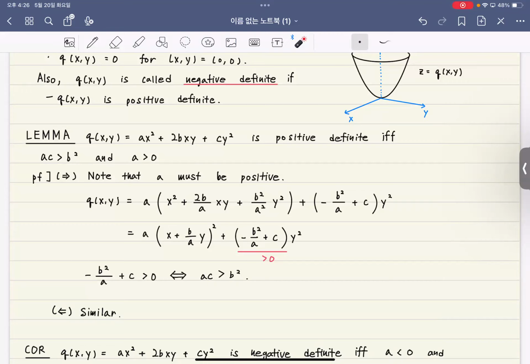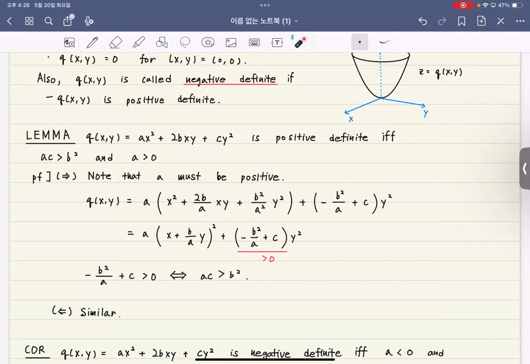Okay, so what I'm going to do from now on is apply the trick of completing the square. So what is completing the square? I factor everything with the leading coefficient, so I'm going to divide by A. And x squared plus 2b over A times xy, and take one half of this and square it, which is this.